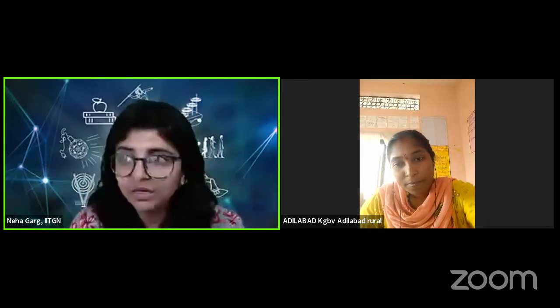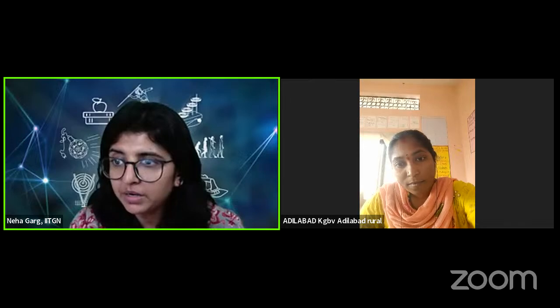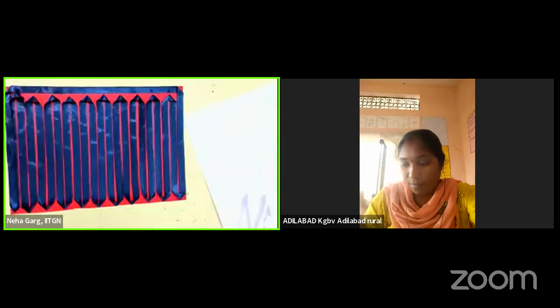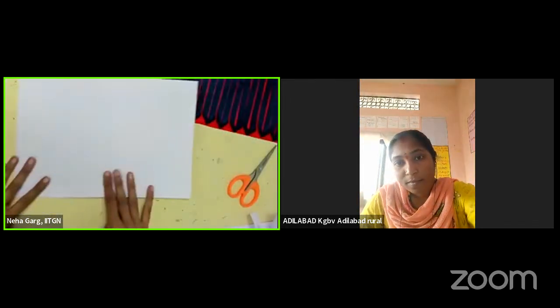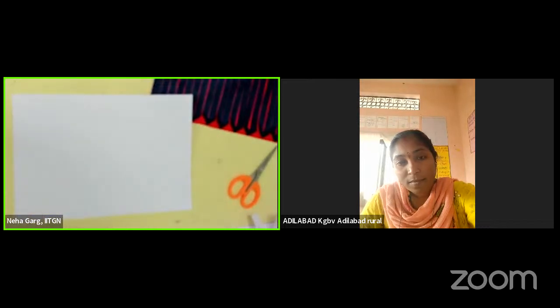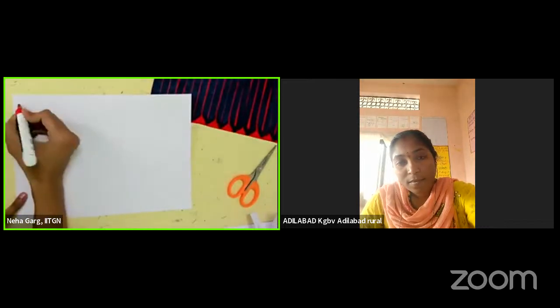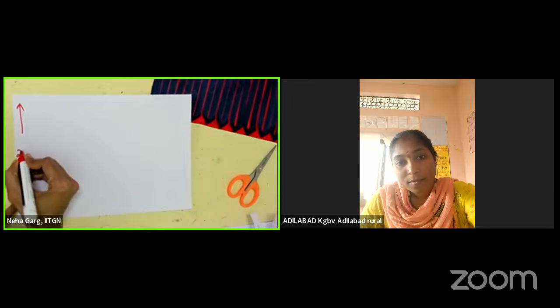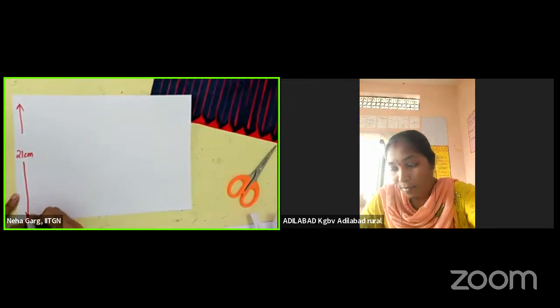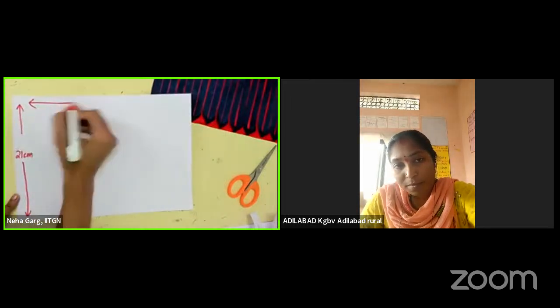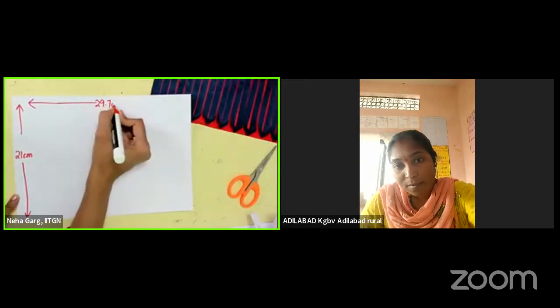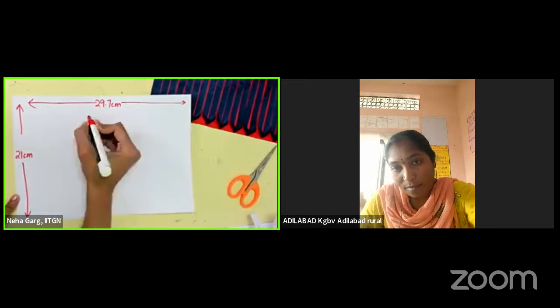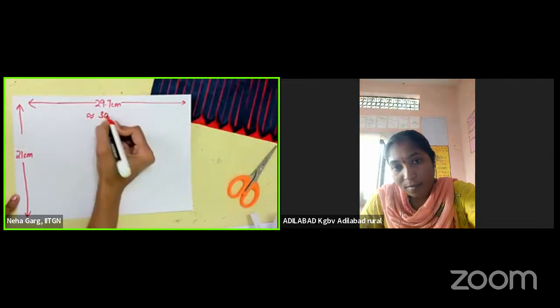Okay, I will give you the dimensions of the paper. So here is my paper and this length is 21 centimeters and this is 29.7 centimeter. You can approximate this to 30 centimeter.